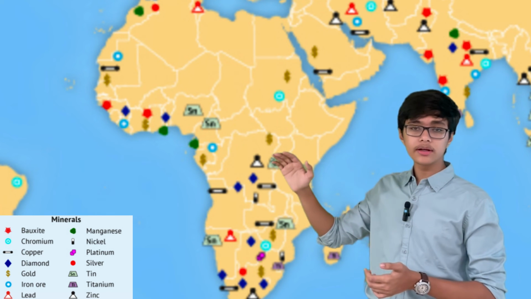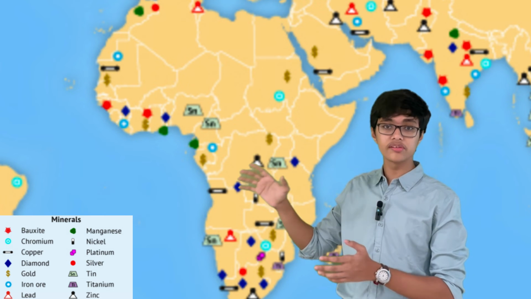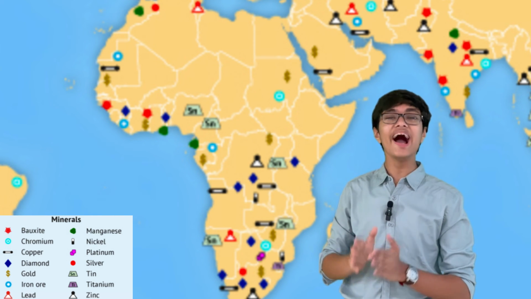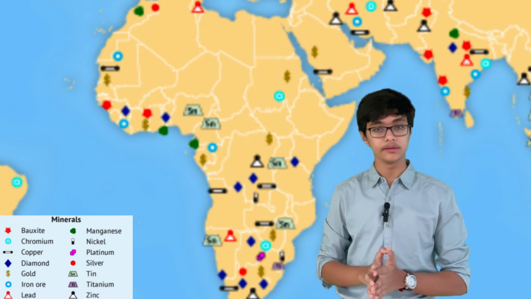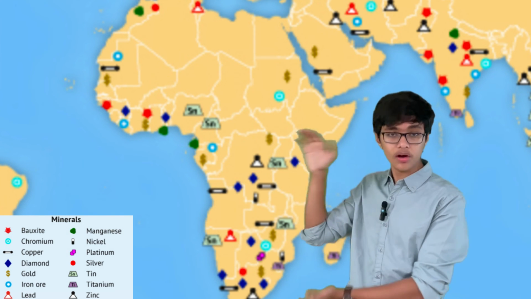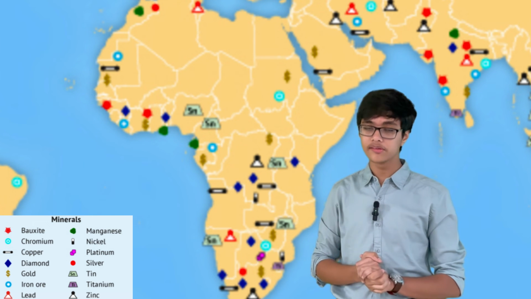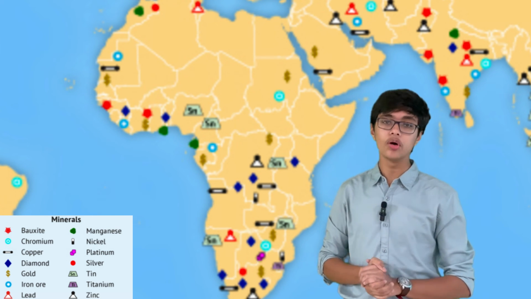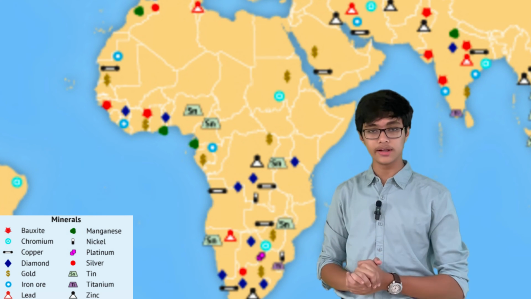Next, when we look towards the south, in countries like Zimbabwe and in locations such as there, you'll find a high concentration of diamond, silver, gold, and platinum. This continent is the largest producer of all of those four minerals, that is, diamonds, gold, silver, and platinum. So, in terms of natural resources, it is the richest in the entire world.